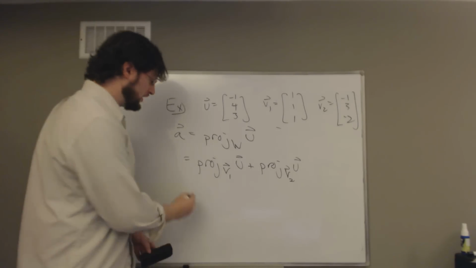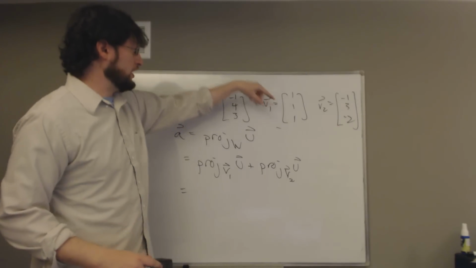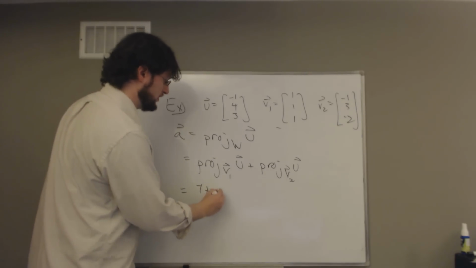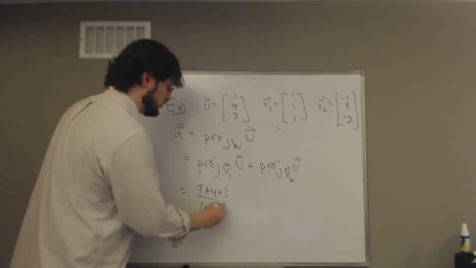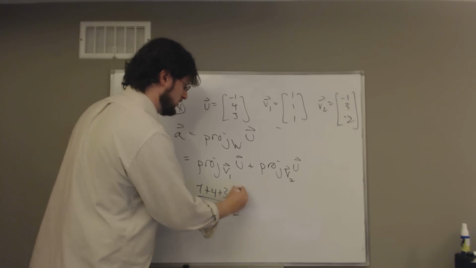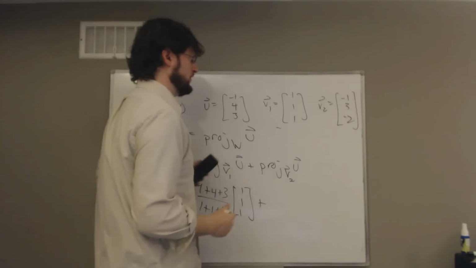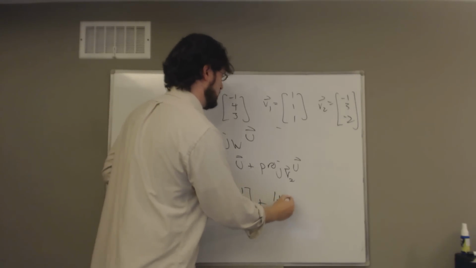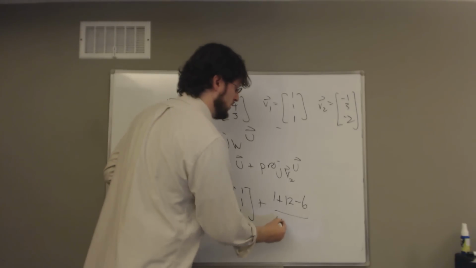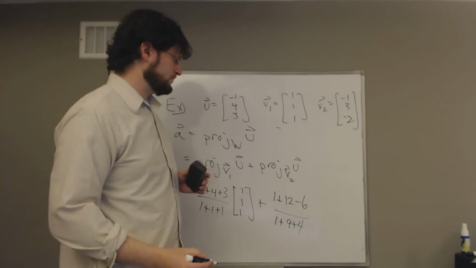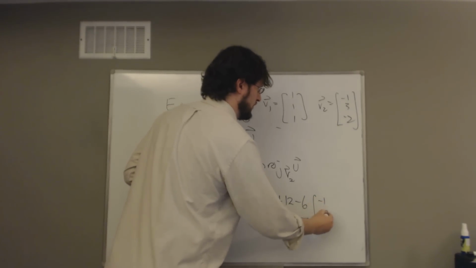And just like the last one that we looked at, if I project u onto v1, I'm going to dot these two together and get -1 plus 4 plus 3, all divided by v1 dot itself, which is 1 plus 1 plus 1, all times v1, plus the projection of u onto v2. Dotting u and v2, I get 1 plus 12 minus 6, all over v2 dot itself, which is 1 plus 9 plus 4, all times v2, which is -1, 3, -2.